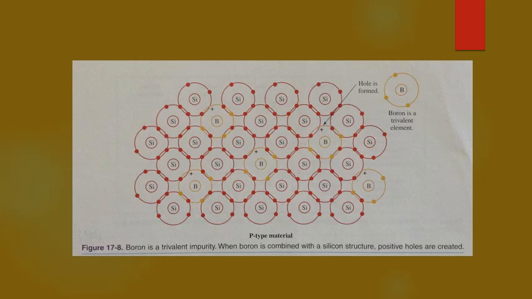This hole will accept an electron. A trivalent impurity then is called an acceptor impurity. In this structure, electricity is conducted by positive holes. The crystal becomes a P-type crystal.